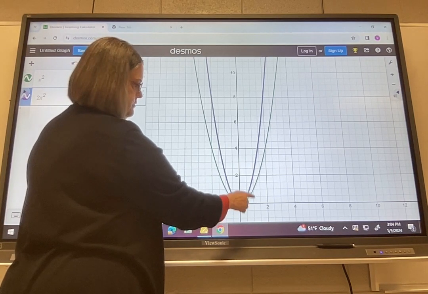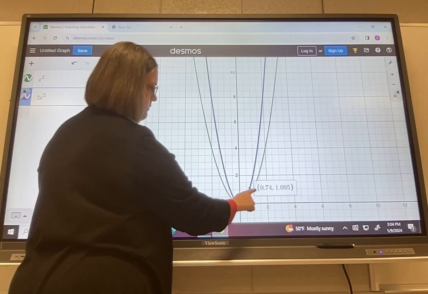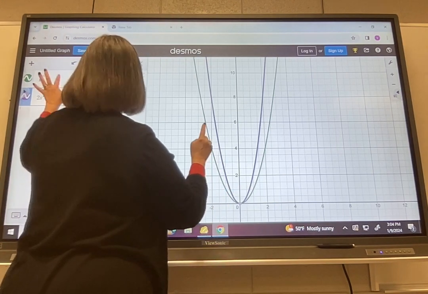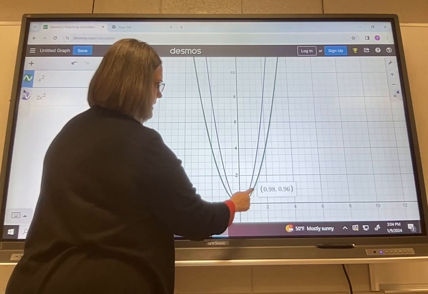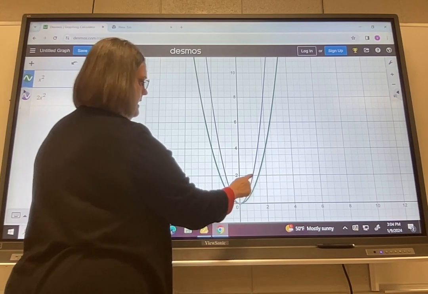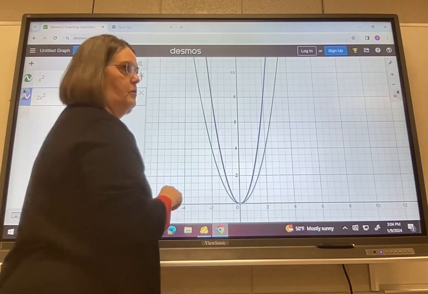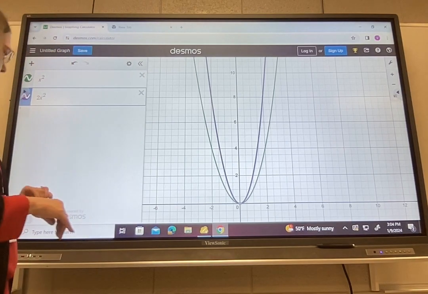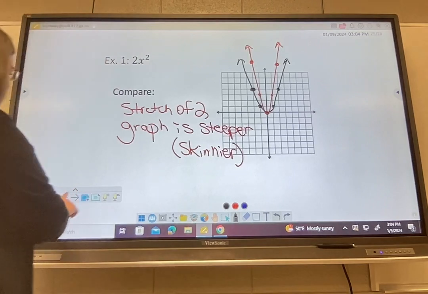But this point here, (1, 1), is right here on the green graph. And then if I do the purple graph, that's (1, 2). That's because it took the y value and multiplied it by 2. That's what's happening.